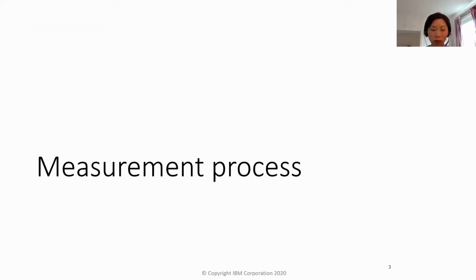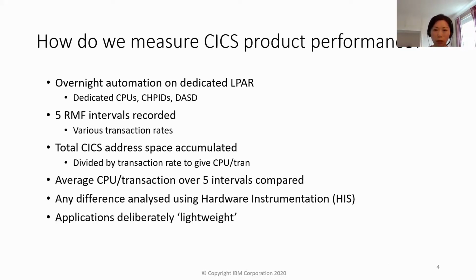The first thing I'll talk about is how we measure the CICS product performance. We very much focus on the CICS product code. So the application we deliberately make very lightweight, which means we run very little business logic, but we make sure we drive the particular CICS area we want to performance test particularly hard.